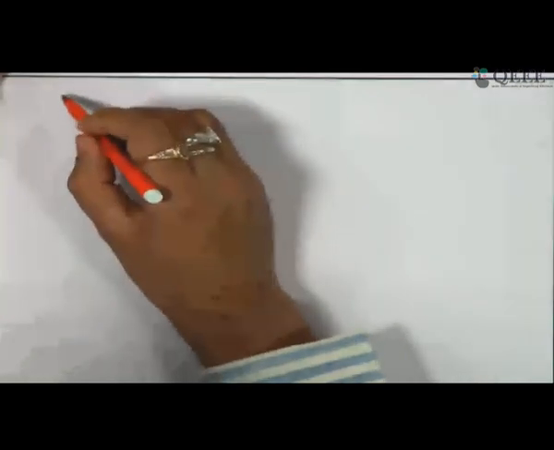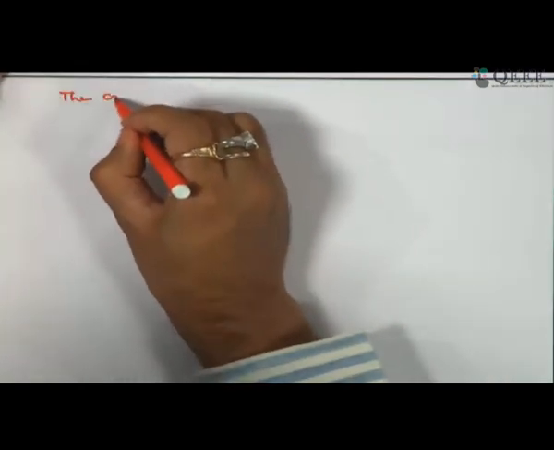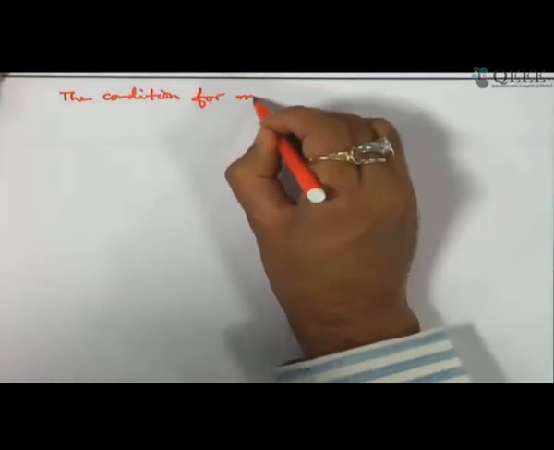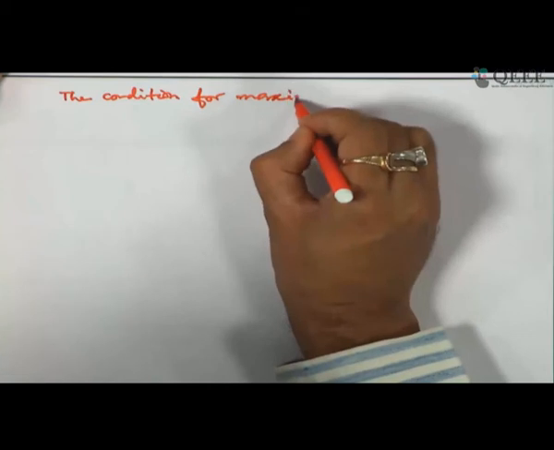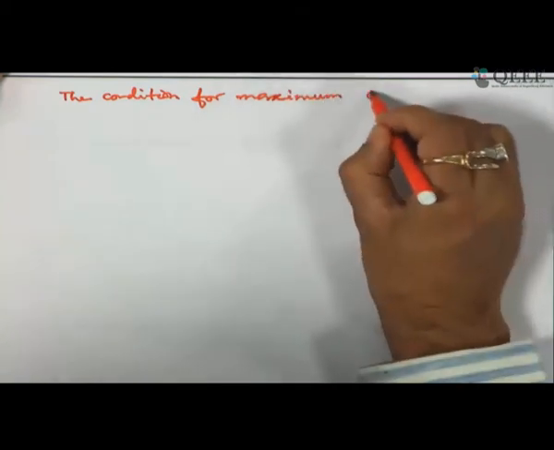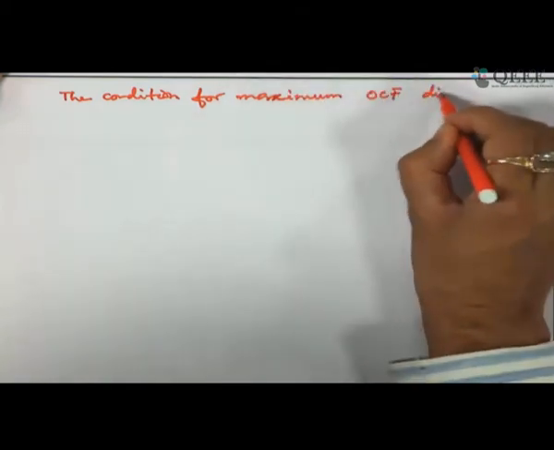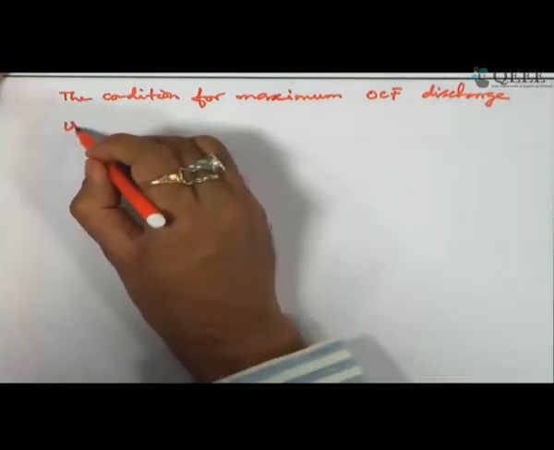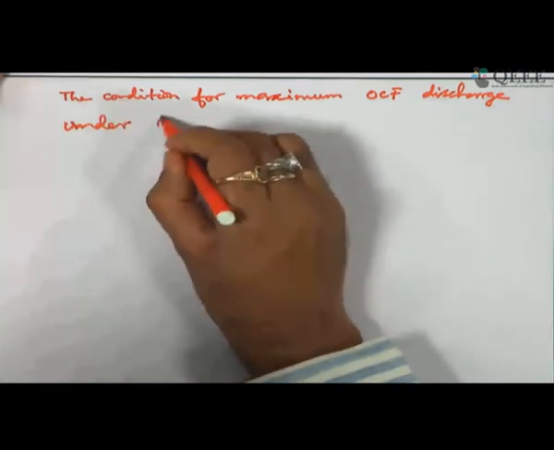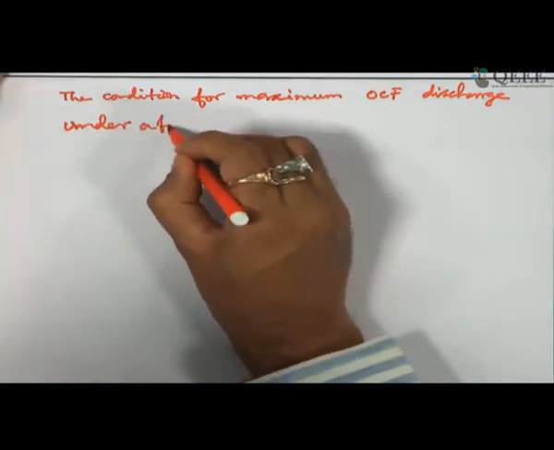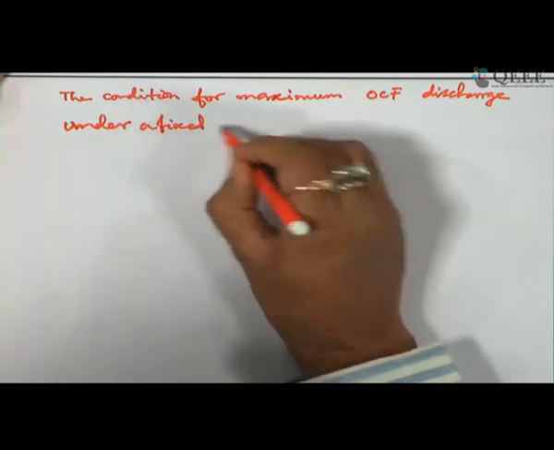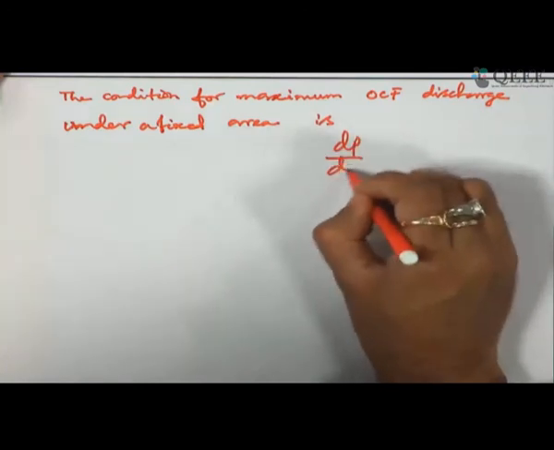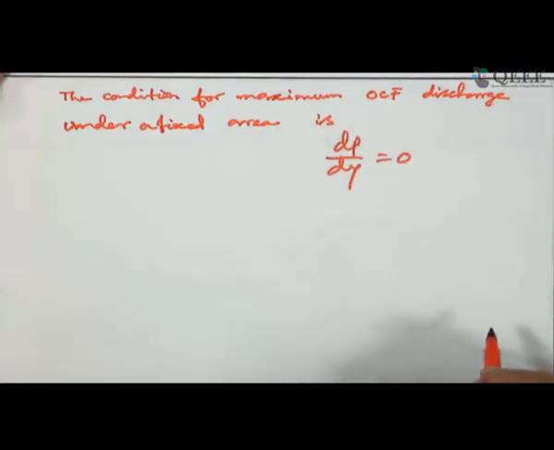So, the condition for maximum open channel flow discharge under a fixed area is dP by dy equal to 0.